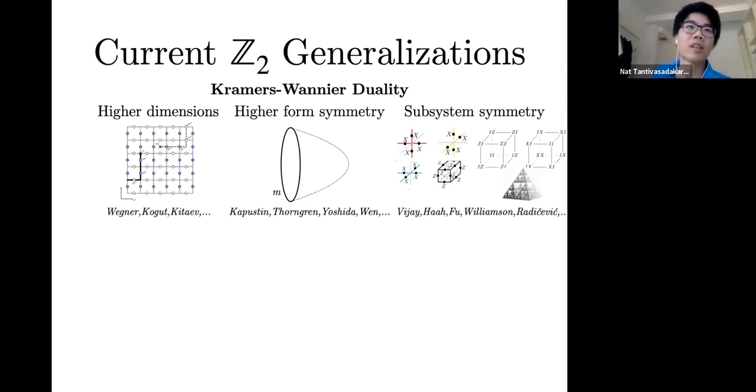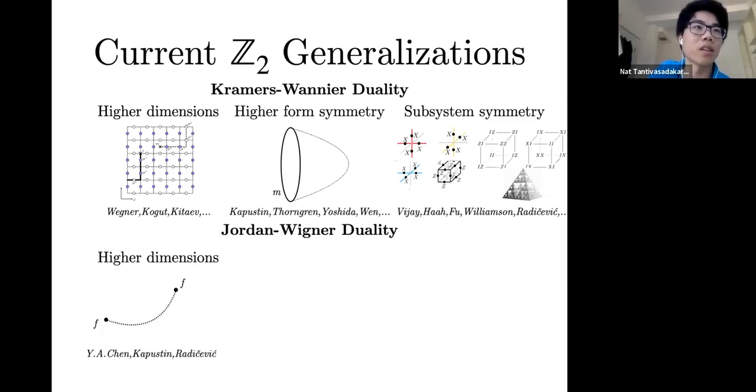On the other hand, the Jordan-Wigner duality has only been studied recently in higher dimensions. This was done in the work by Yu-An Chen, Kapustin, and Radicevic. What they did was consider, for example, in 2 or 3 dimensions, fermions on a lattice, and you can bosonize that into a spin system with an unusual gauge theory.